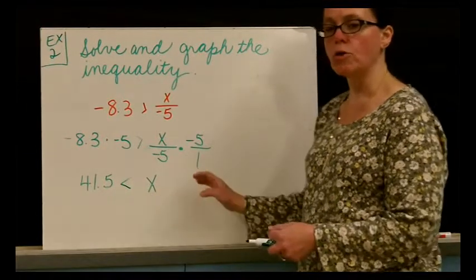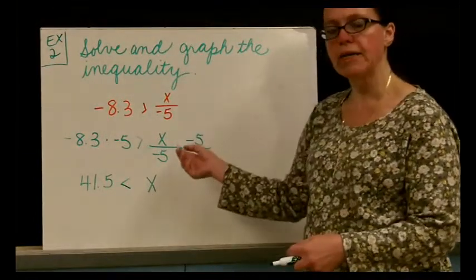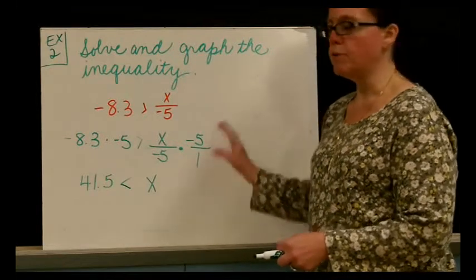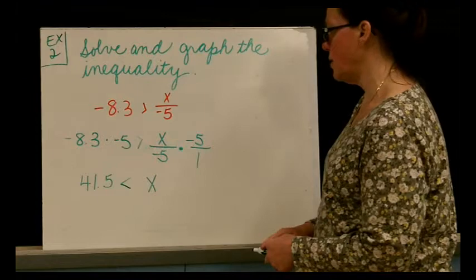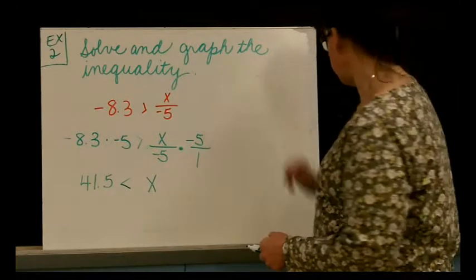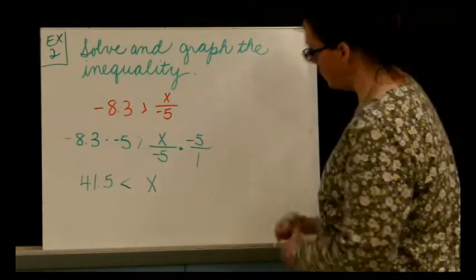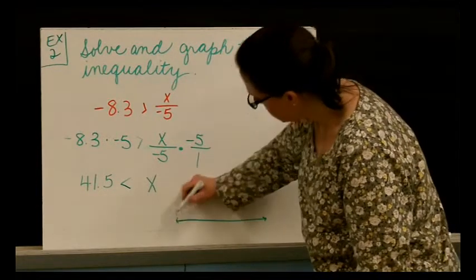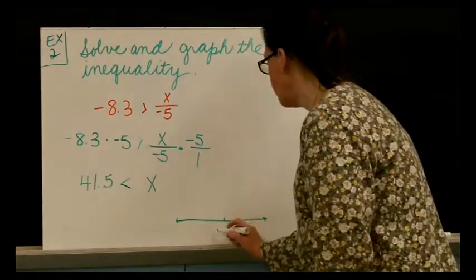Again, this is only if you are multiplying or dividing by a negative number to get the x by itself. And now we have to graph the inequality. Here, I will put our 41.5.